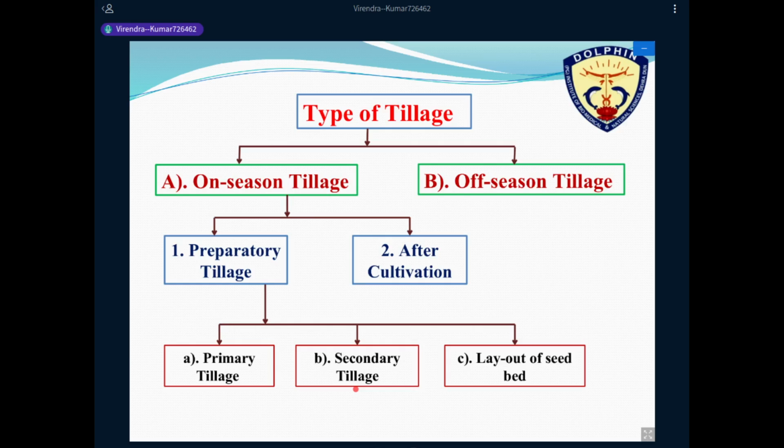Preparatory tillage has first the primary tillage, and second the layout of the seedbed.